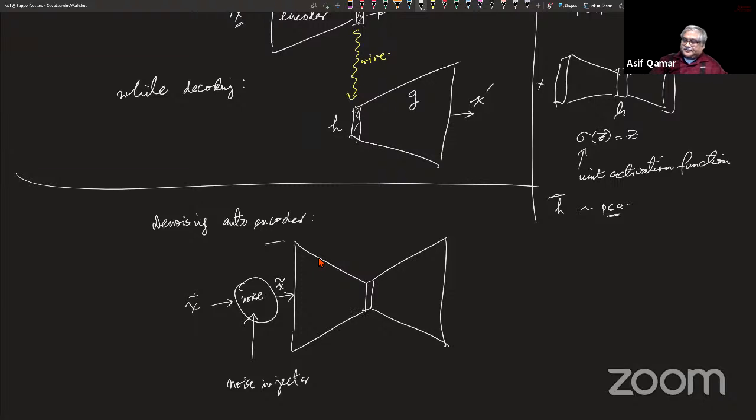And then what you expect though, the loss function is not with respect to the x tilde, but it is with respect to x prime. Loss is still with respect to the original image or original data input. It need not be image, it could be anything, by the way.